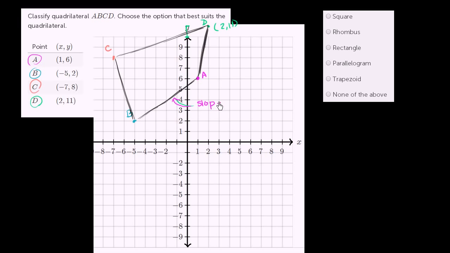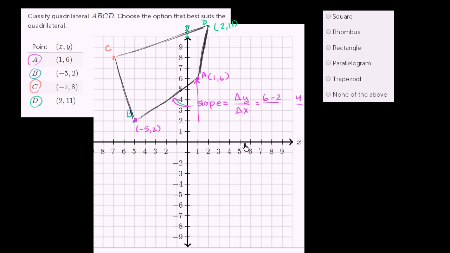Your slope is going to be the change in y over your change in x. In this case, you could think of it as we're starting at the point -5, 2, and we're ending at the point 1, 6. So what's our change in y? We go from 2 all the way to 6, or you could say it's 6 minus 2, our change in y is 4.